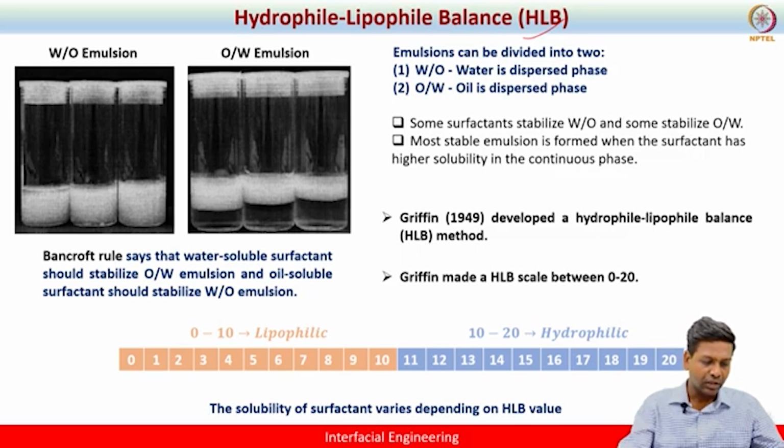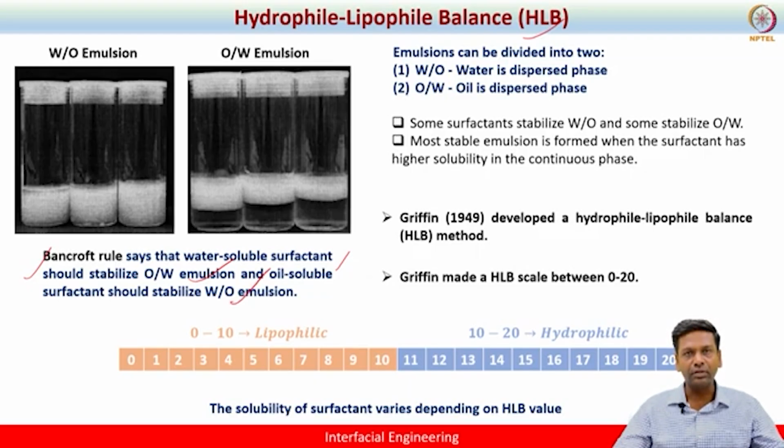That actually comes from the Bancroft rule, which says that the continuous phase will be the one in which the emulsifier is most soluble. Alternatively, you can also say that a surfactant which is most water soluble should stabilize oil in water emulsion, and the one which is most oil soluble should stabilize water in oil emulsion.